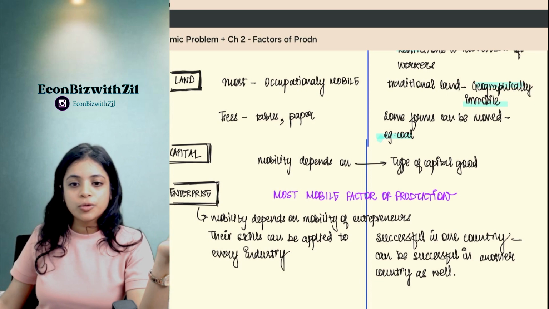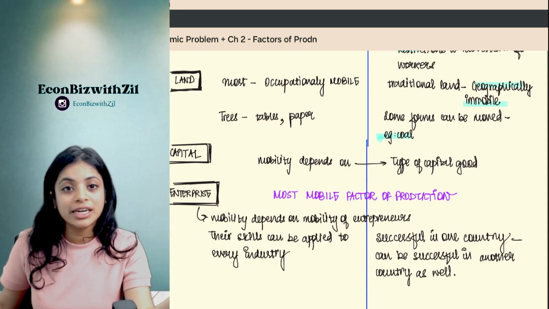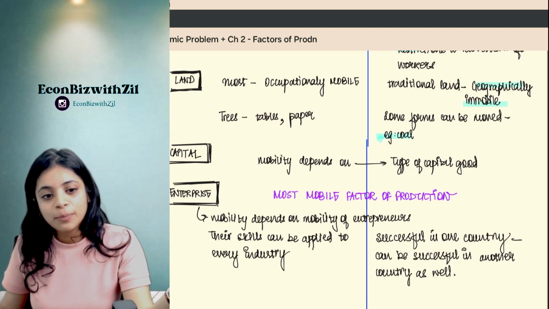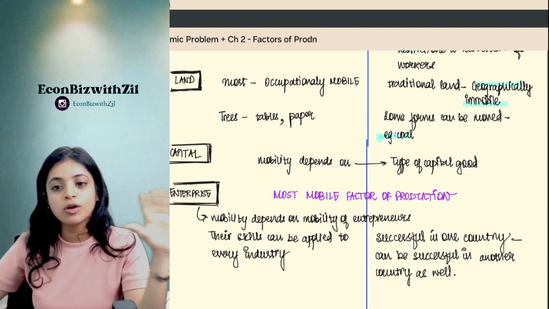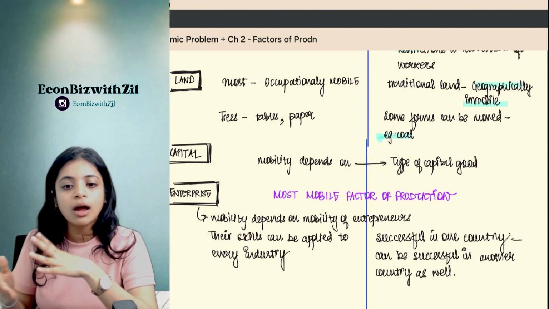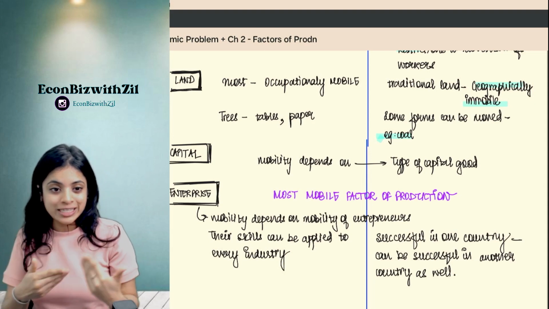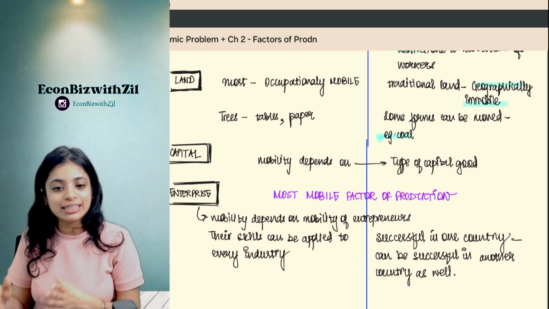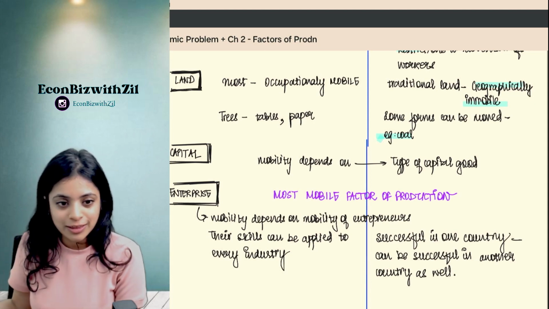As an entrepreneur, if they've grown a great FMCG brand, they could very well possibly get into software development or tech as well. They could apply those skills of managing the factors of production and taking risks to every industry that they fall into.